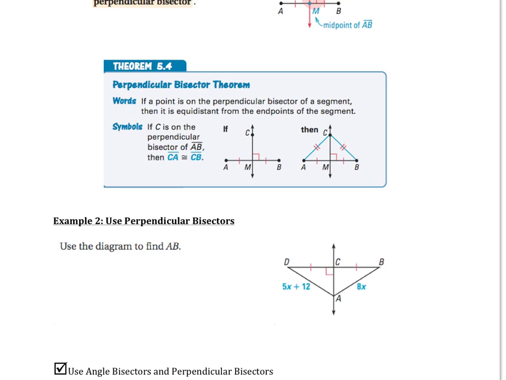So the perpendicular bisector theorem states if a point is on the perpendicular bisector, then it is equidistant from the endpoints of the segment. So my endpoints A and B, I have perpendicular through a midpoint, so then AC equals BC.